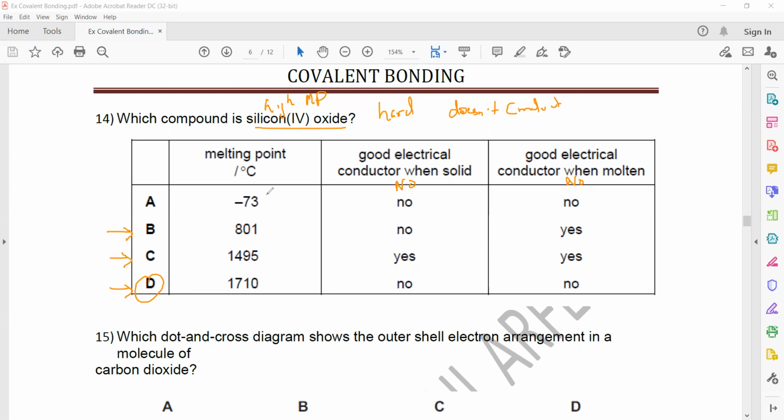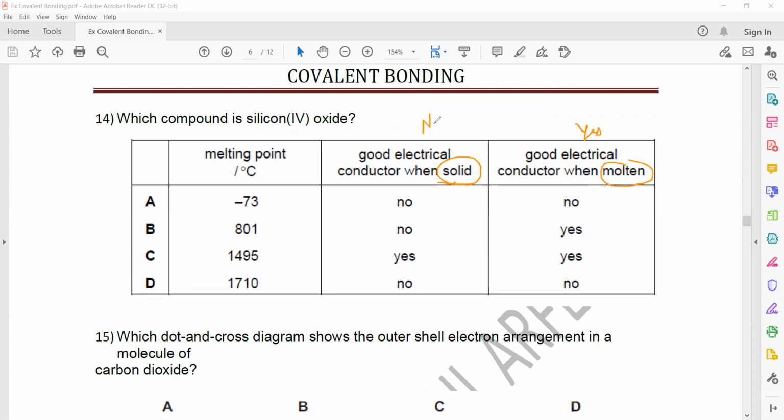A macromolecular structure has a high melting point, but specifically silicon(IV) oxide and diamond do not conduct electricity even when solid or in a molten state. If it was an ionic compound, it would have a high melting point. It does not conduct electricity in a solid, but it can conduct electricity when molten.